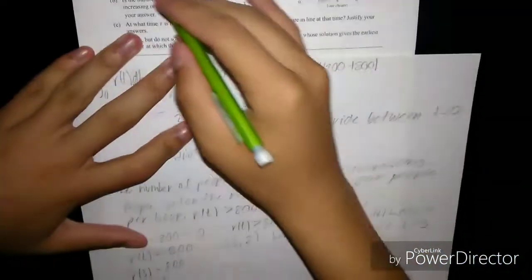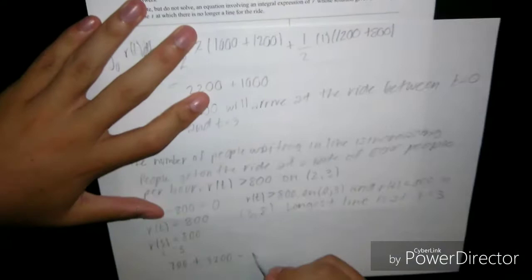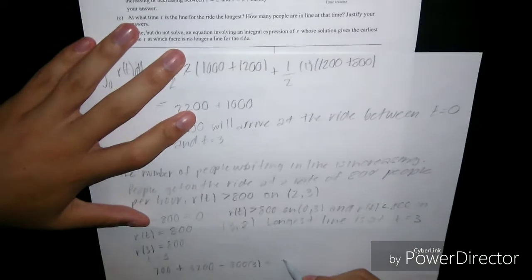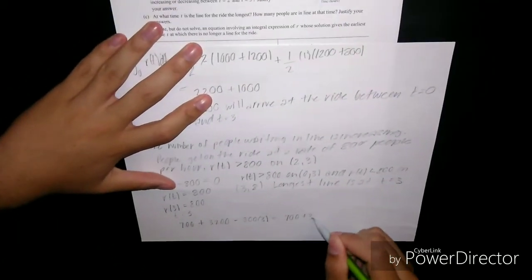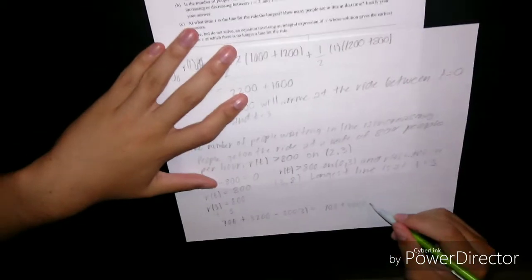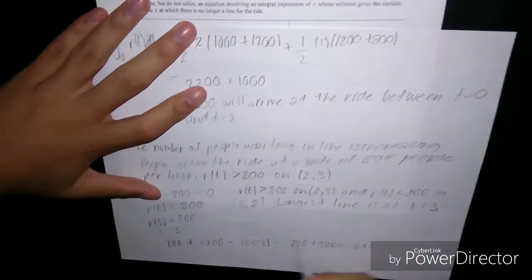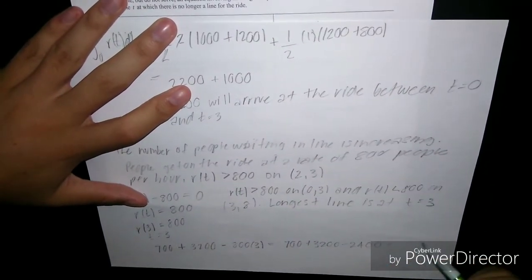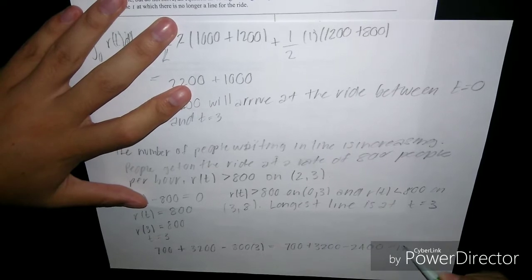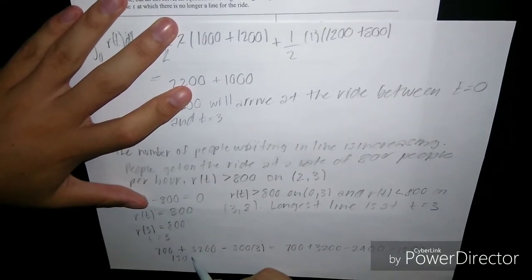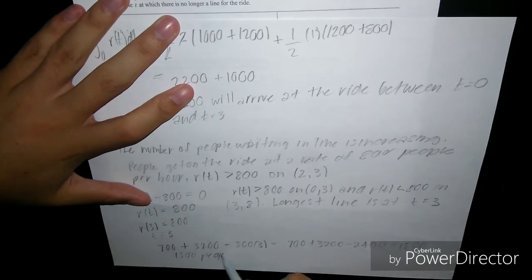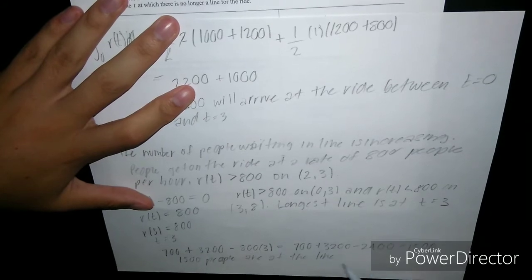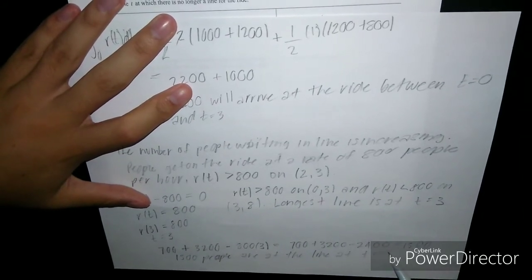So it's going to be 800, because that's the amount of people that get onto the ride, times 3, because it's 3 hours. 800 times 3 is 2,400. So 1,500 people are in the line at t equals 3.